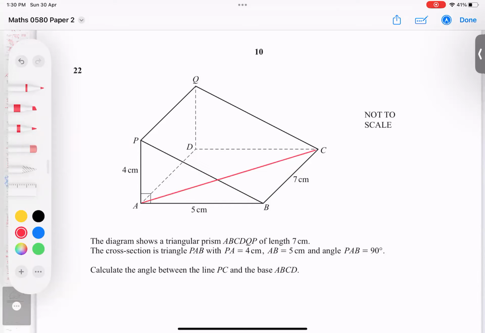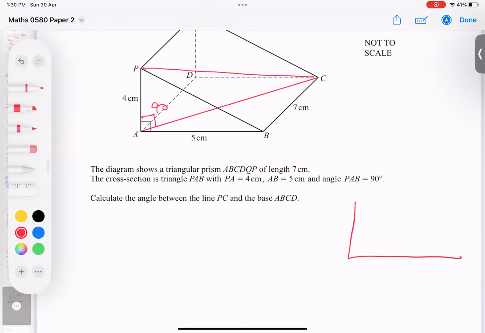Make sure, whenever I say base, I will make a line on the diagonal. And the angle between line PC, where's PC? I will make this line also. And this line I made is for sure 90 degrees. So it means I have this triangle, students.